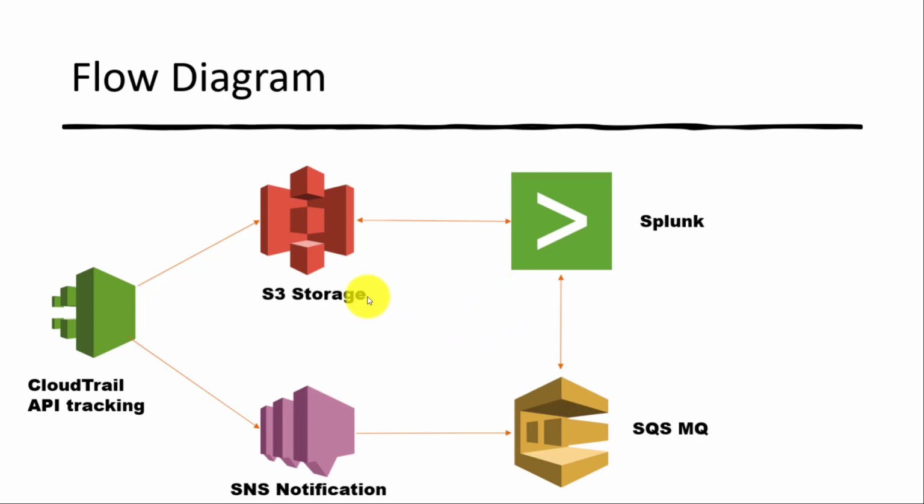There are two kinds of flow over here. From Splunk we can directly take the S3 logs, which are pushed by the CloudTrail service. Or we can go through this path from CloudTrail to the SNS notification, and from the notification we set up a queue, which is an Amazon SQS service, and from there we push the log.